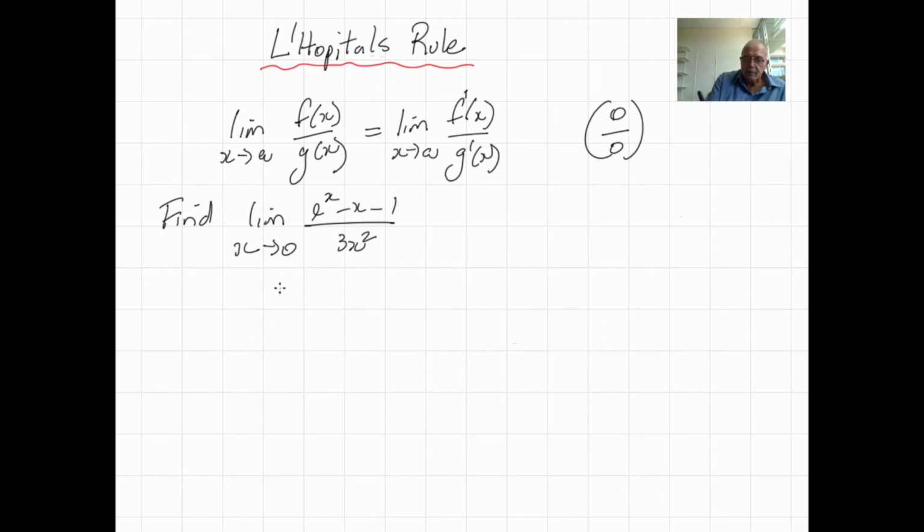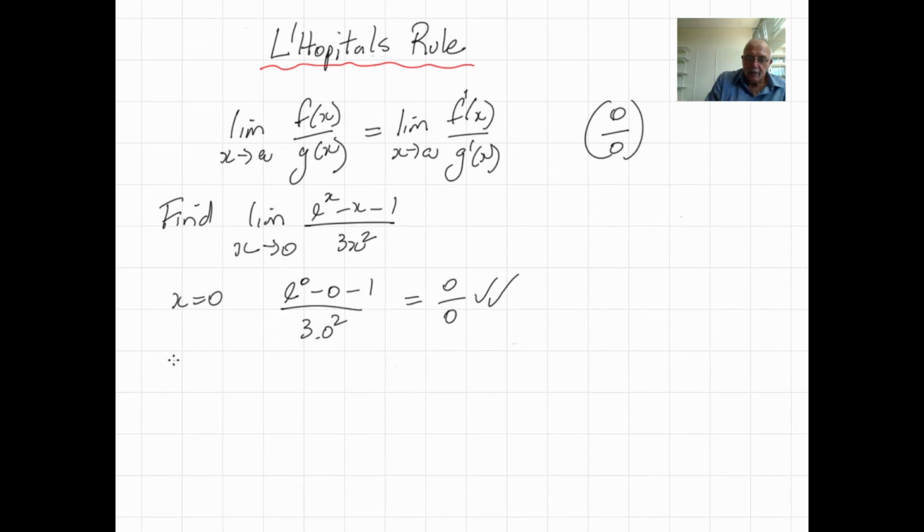So x equals 0, you get e to the 0 minus 1 all over 3 times 0 squared, and you get e to the power of 0, which is 1, minus 1, and you get 0 over 0. So therefore we can apply L'Hopital's rule.